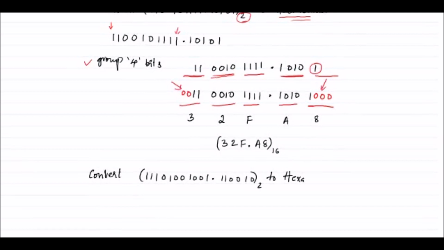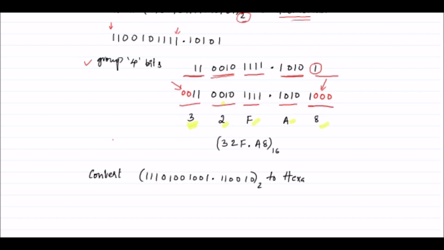So if I write the hexadecimal equivalent of each binary group, 0011 is 3, 0010 is 2, 1111, 4 ones, is F, 1010 is A, and 1000 is 8.